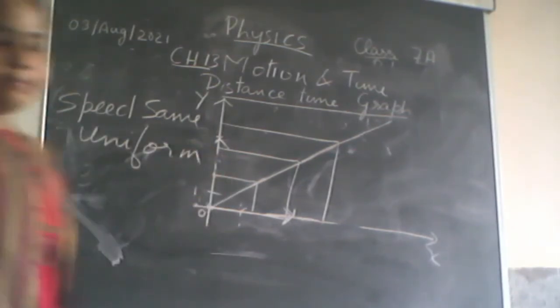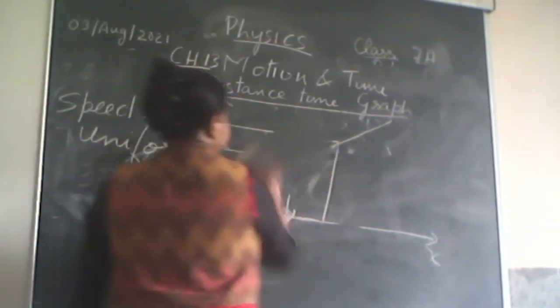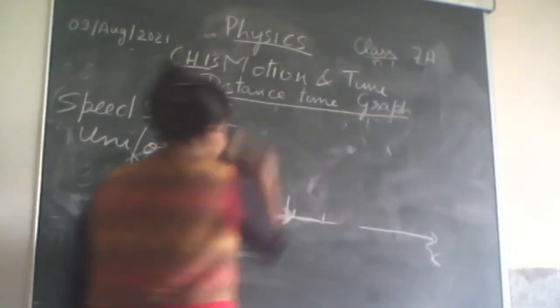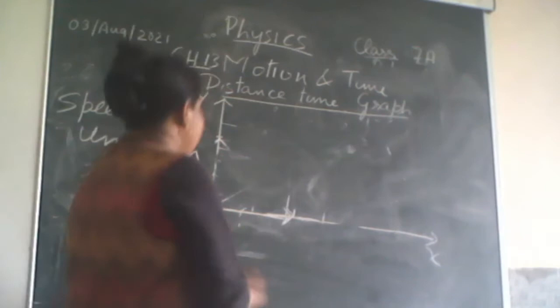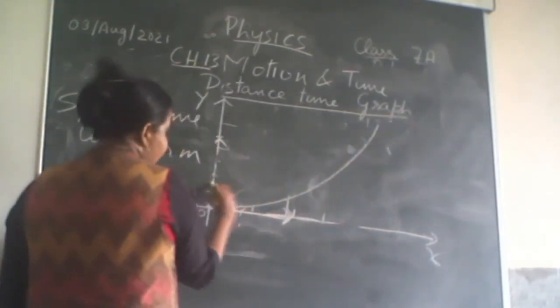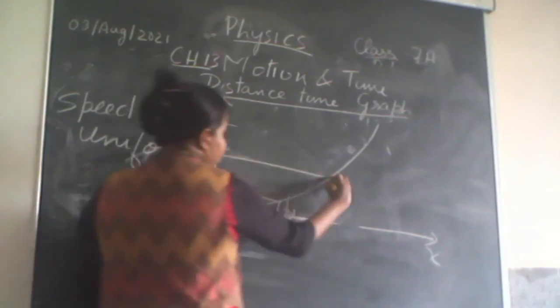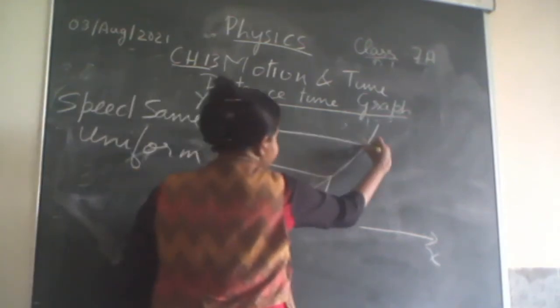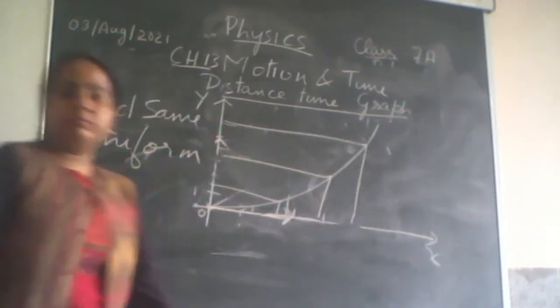And for example, now I receive a plotting point like this. At every point we are drawing the line, the speed is changing. Yes or no?